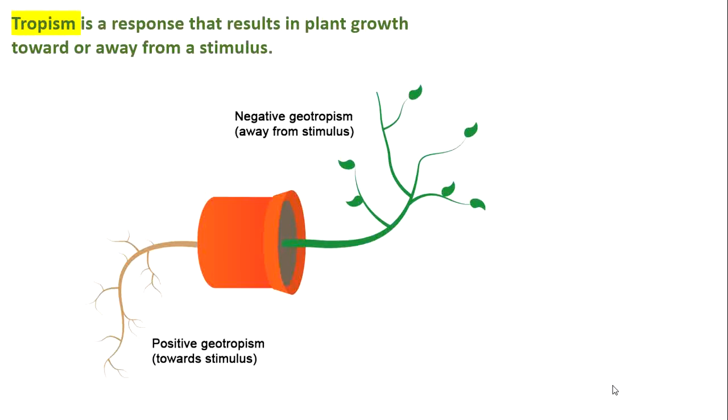One is positive and the other is negative. For a positive tropism, for example, the root is growing towards gravity. That's a positive tropism. On the other hand, in a negative tropism, you see the stem going away from the stimulus. This is a negative tropism.